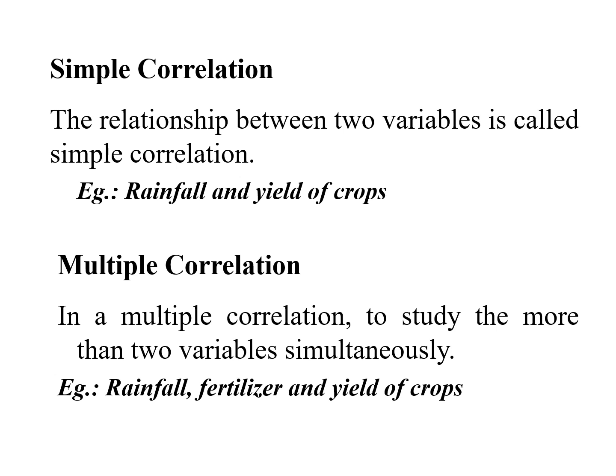In multiple correlation, we study more than two variables simultaneously. In simple correlation, we take only two variables; in multiple correlation, we take more than two variables. For example, rainfall, fertilizer, and yield of crops. So this is multiple correlation and simple correlation.